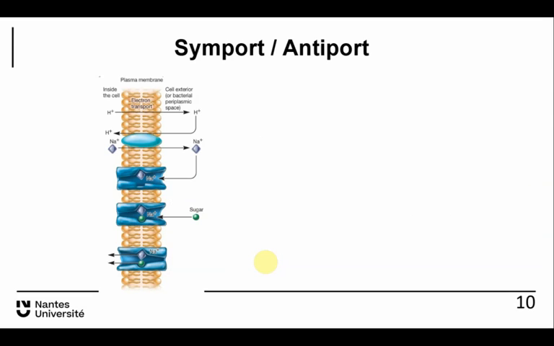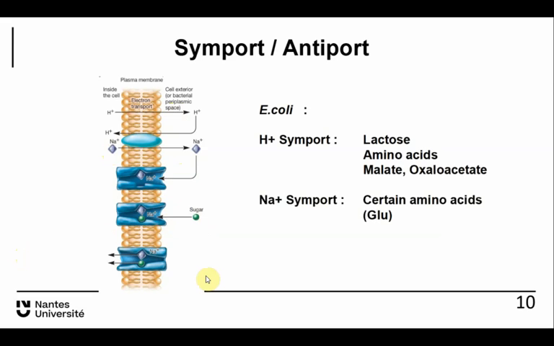The second transport system is proton or sodium symport or antiport systems. So once again, you have the periplasm here and the cytoplasm here. Some bacteria can establish a sodium gradient across the membrane and then will transport sugar together with a sodium molecule. But in E. coli, most of the time, this is going to work just simply with proton symport.